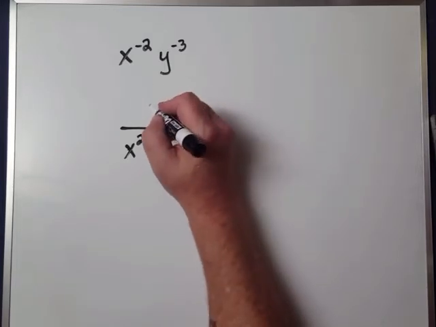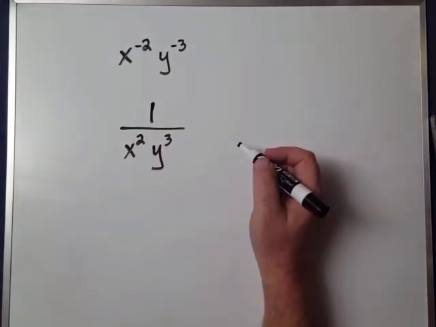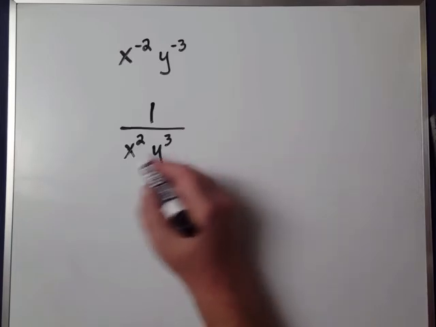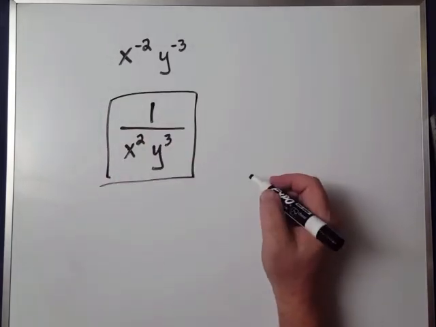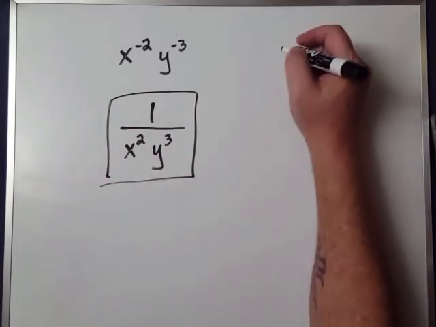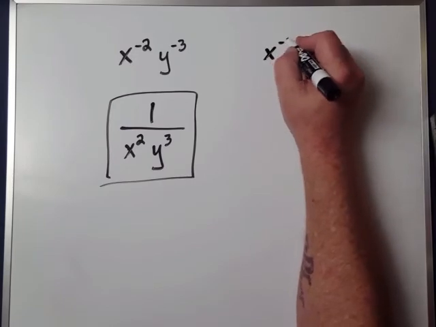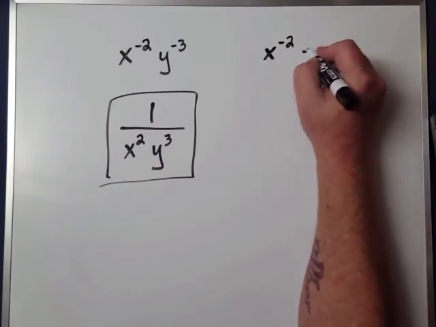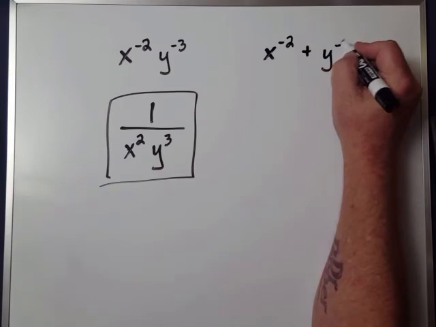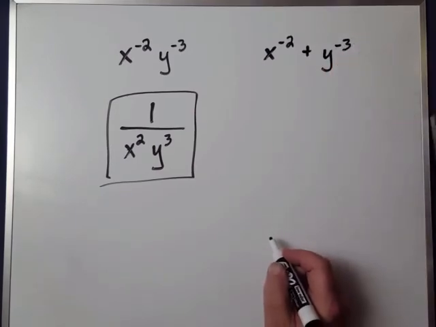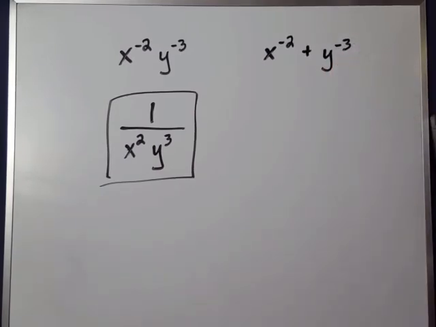Nothing. Our multiplicative nothing, that residual factor of 1. This is simplified. Compare that to this problem. x to the negative 2 plus y to the negative 3. Simplify. An expression is not simplified if it still has negative exponents.